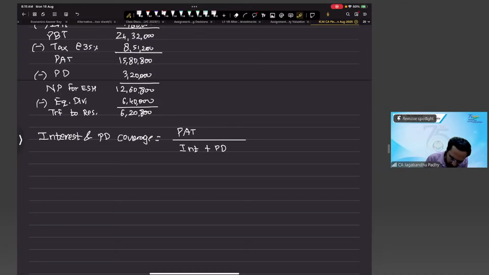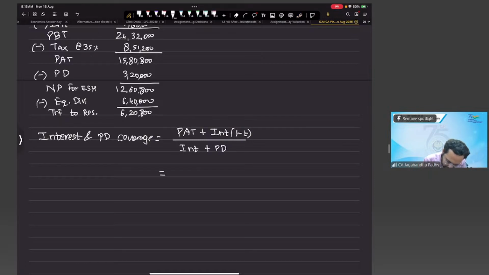If I would have done simply PAT upon preference dividend, I could check whether I'm capable of paying the preference dividend or not. But I need to also see whether I'm going to pay interest or not. So I'll have to add here interest into 1 minus T. This is essentially PAT, the profit that you have, but you add back the interest, because in the denominator you are checking whether you are able to pay the interest or not.